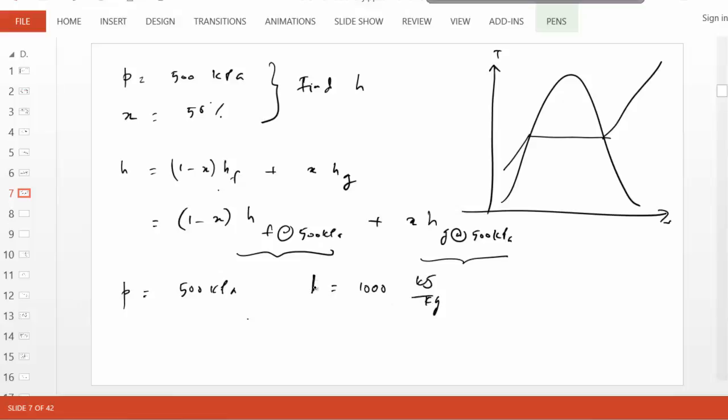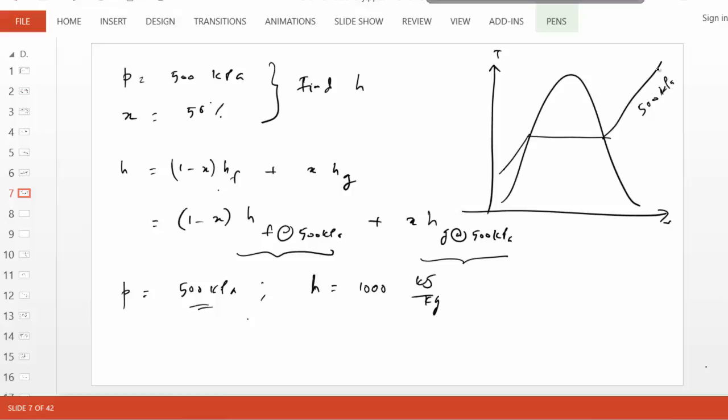I'm taking h again as an example. If I know the pressure, suppose this is the 500 kPa line, and an enthalpy is given, we know the state is going to be somewhere on this line, right? This is the locus of 500 kPa. I hope you understand by now that if the pressure is 500 kPa, the state must belong somewhere on this line. There is no other option.